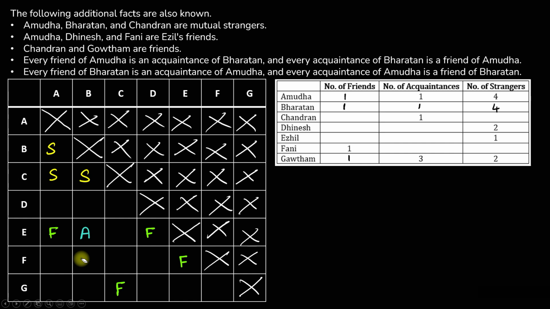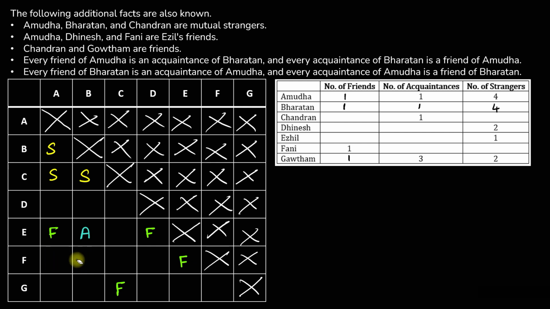So what else is possible? Can F be acquaintances with A? If F is an acquaintance of A, then anyone who is an acquaintance of A will have to be a friend of B. So if we have an A over here, then we'll have to have an F over here, but only one friend is allowed. So the relationship of FA or AF is not allowed, right?